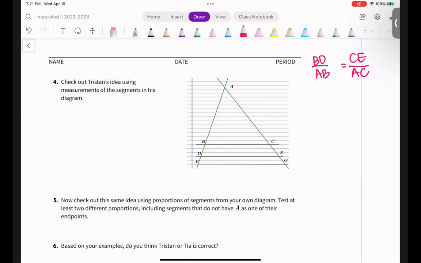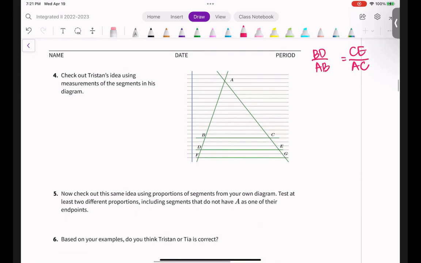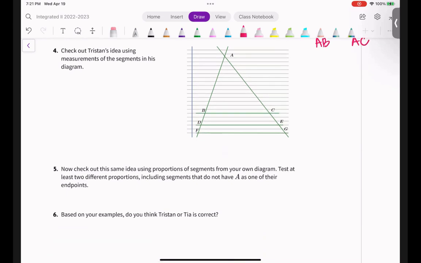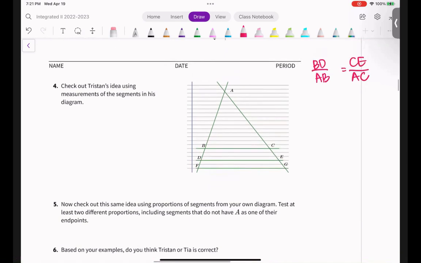Okay, so you measured some stuff and then we're now moving forward. It says, now check out the same idea for yours. So they're basically saying BD, this little guy here, over AB, which is the whole side of the top triangle.